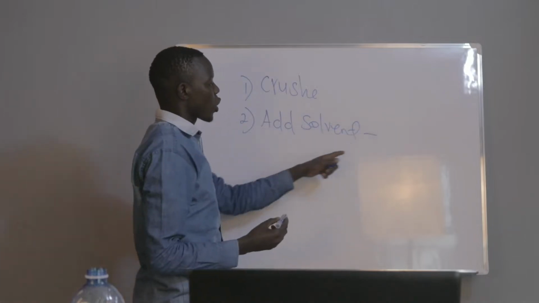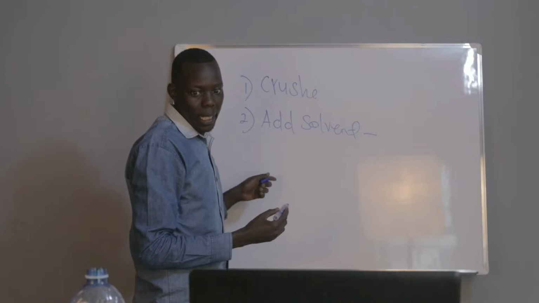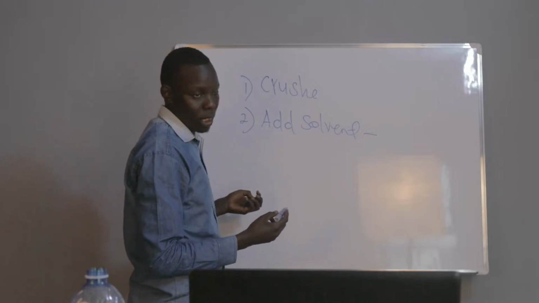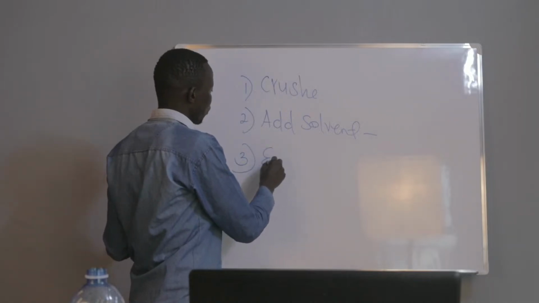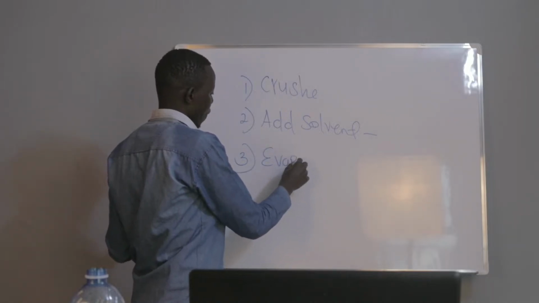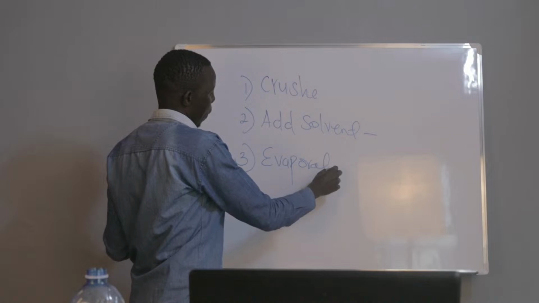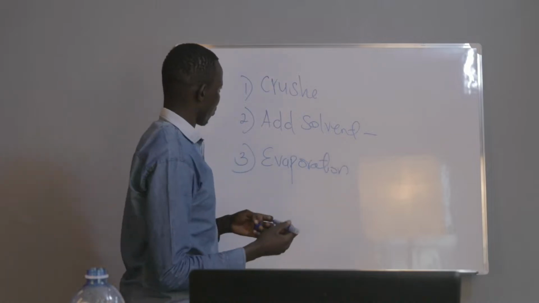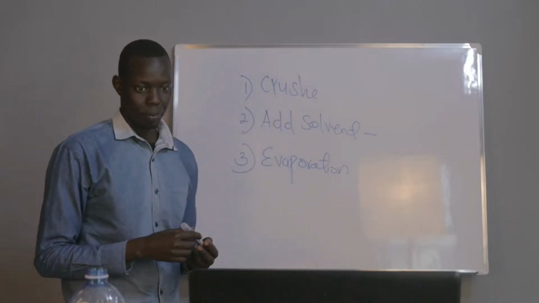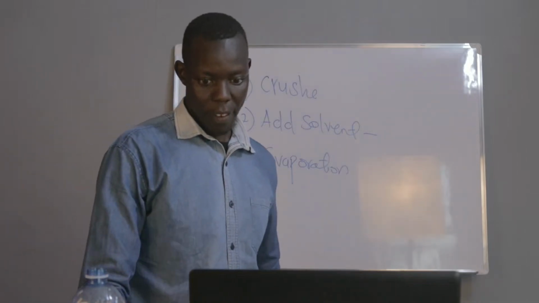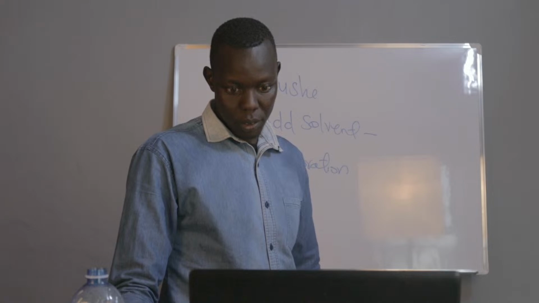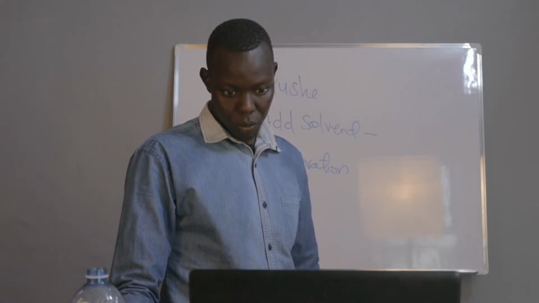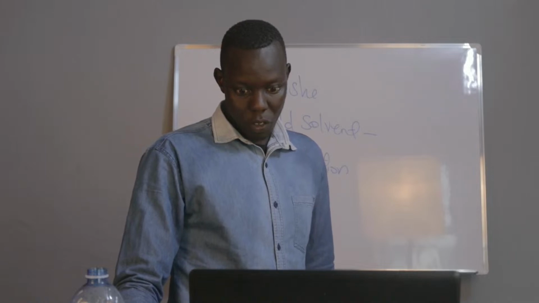You will give me an example of a solvent. Nikiandika process number 3, be thinking of which solvent is being used. Number 3, evaporation. Which solvent is being used? Let me get from somebody.